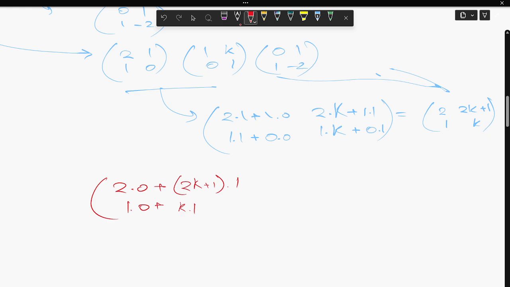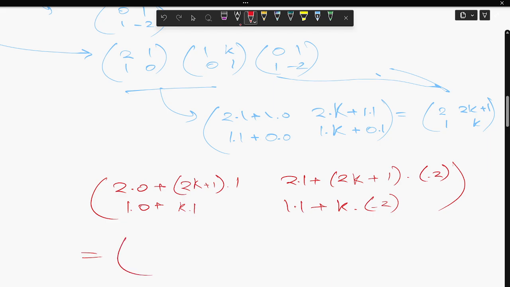So now we will get here 2 into 1 plus (2K plus 1) into minus 2, and 1 into 1 plus K into minus 2. Okay, so after computing these things we will get 2K plus 1, then K only.